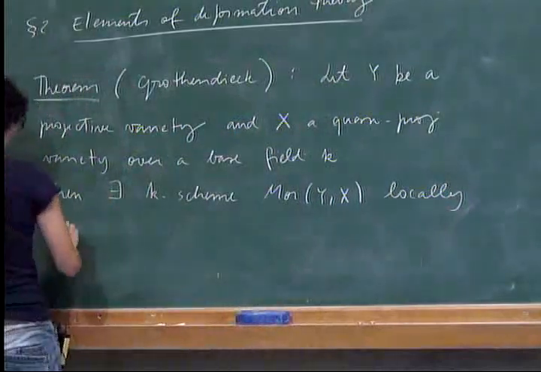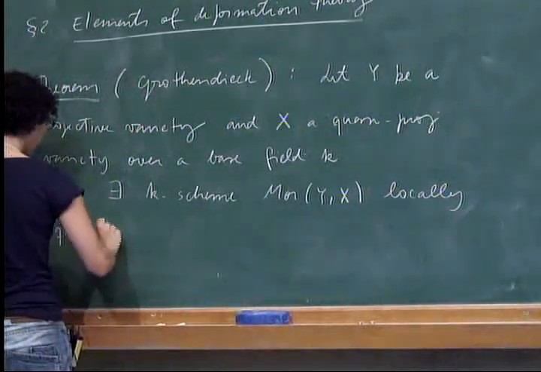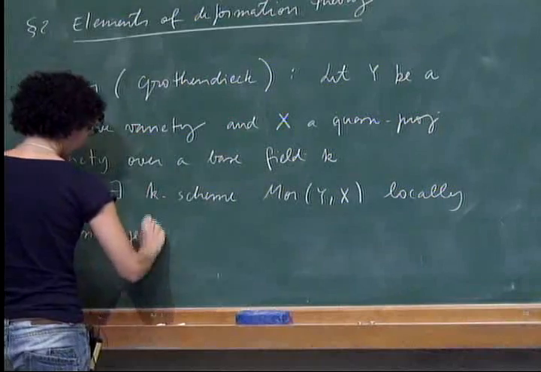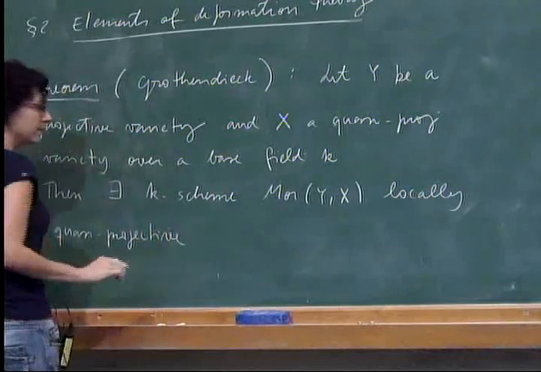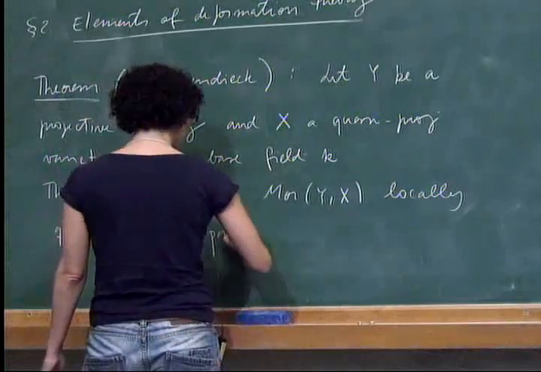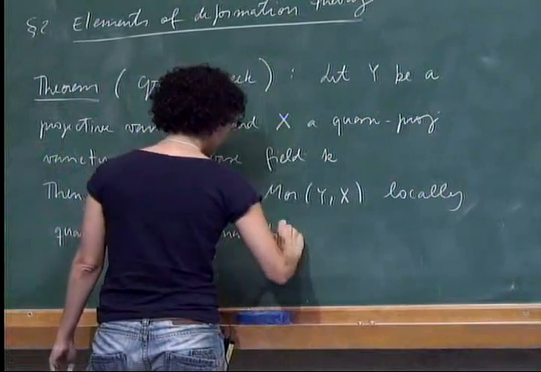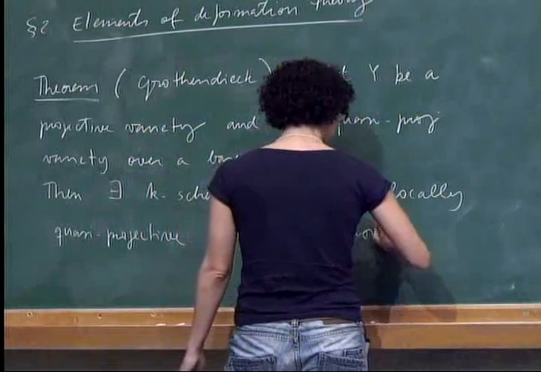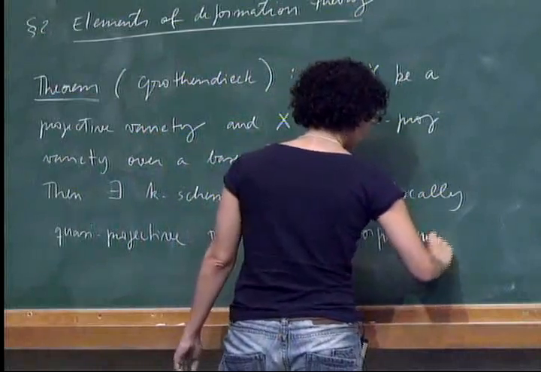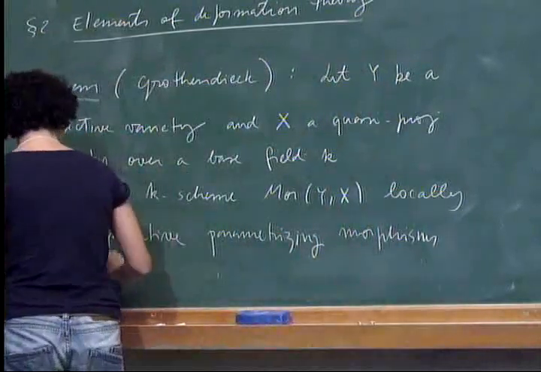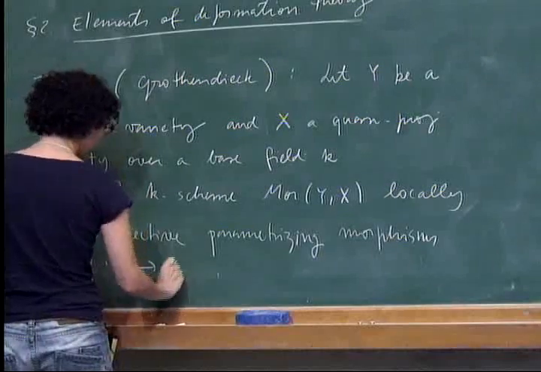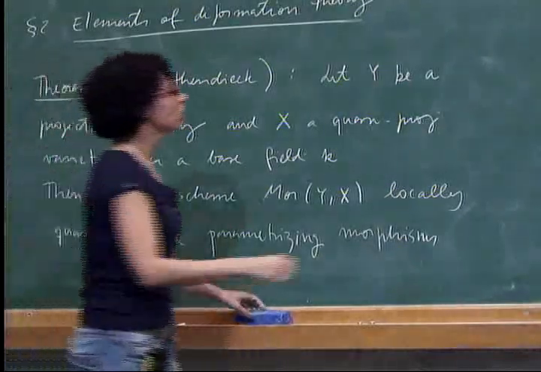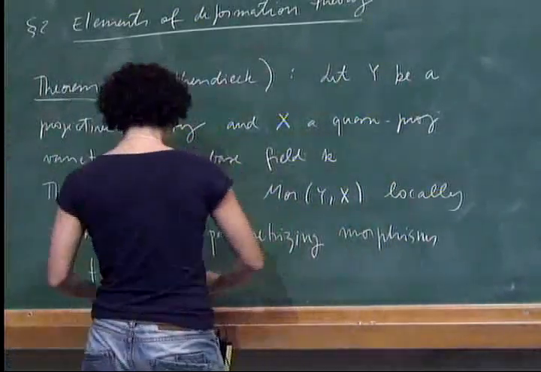Actually locally quasi-projective, parametrizing morphisms f from Y to X. So what does that mean?